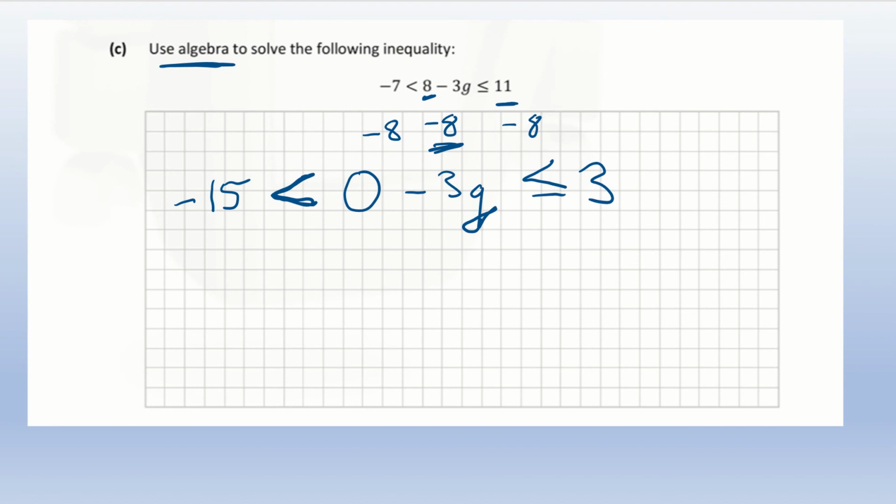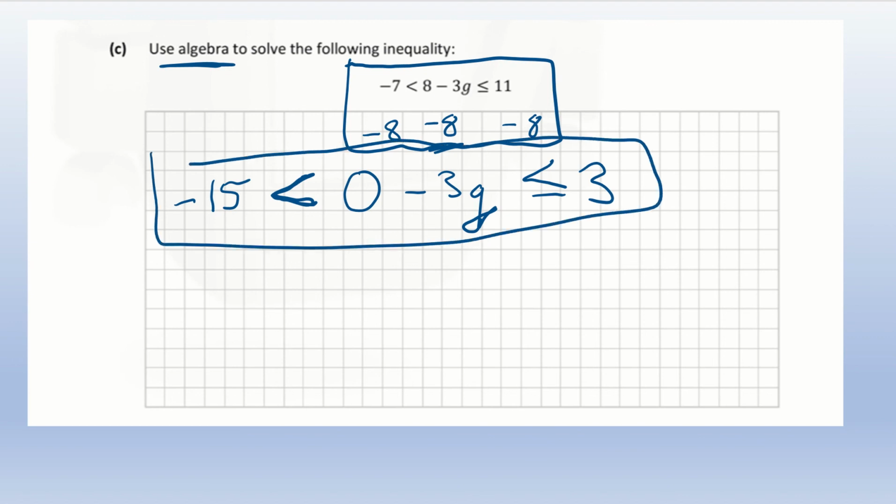So that was step 1. For step 1, I just took 8 away from each side of my inequality, and this is what I ended up with. To tidy that up, we've got -15 is less than -3g, and g is less than or equal to 3.